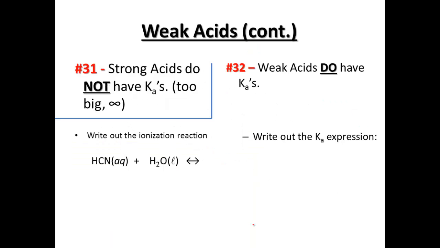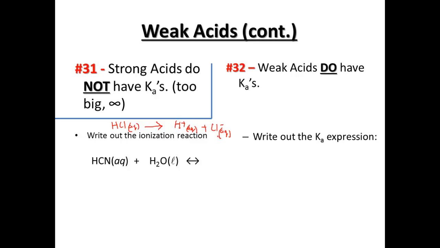Now strong acids do not have Ka's. An example of a strong acid would be HCl, which goes completely to H plus and Cl minus.